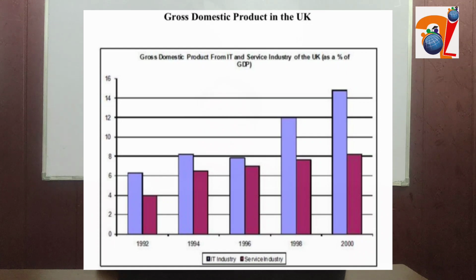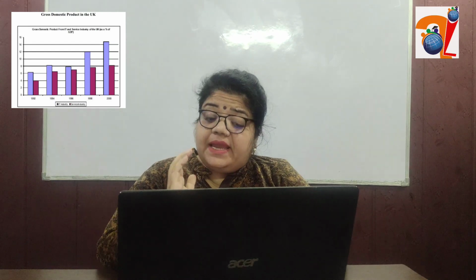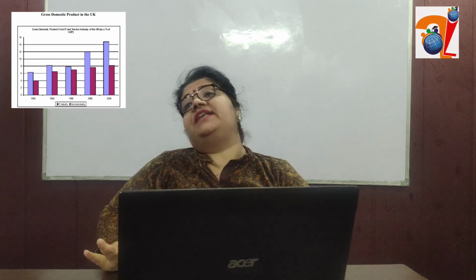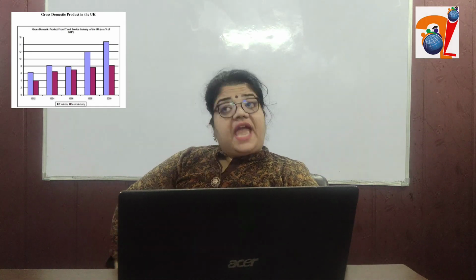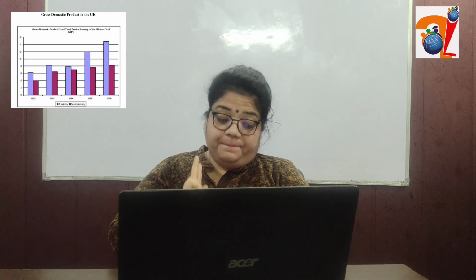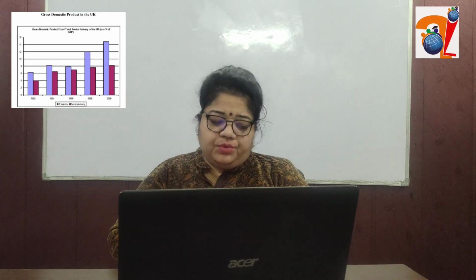Though there is a slight fall in 1996, that is why we have used the word almost in this sentence. By giving you information by 1996, we can now change our body paragraph. So 2 years are left to be mentioned.